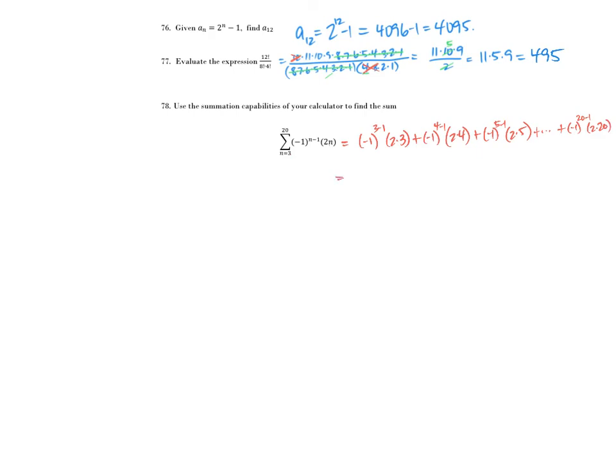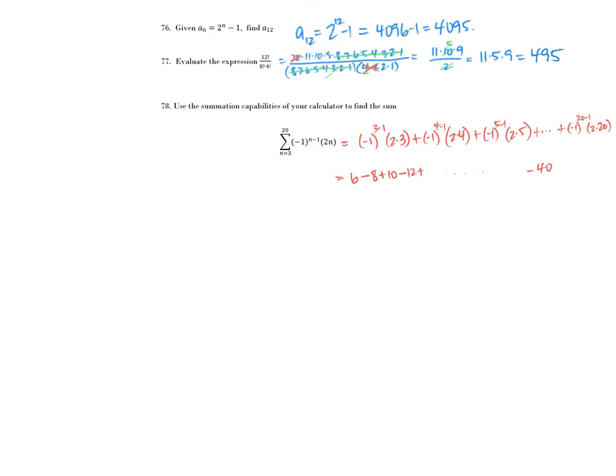In other words, I'm adding up, let's see, 3 minus 1 is 2, so I have a positive 6 minus 8 plus 10 minus 12 plus, and I keep going like that until I get to minus 40.